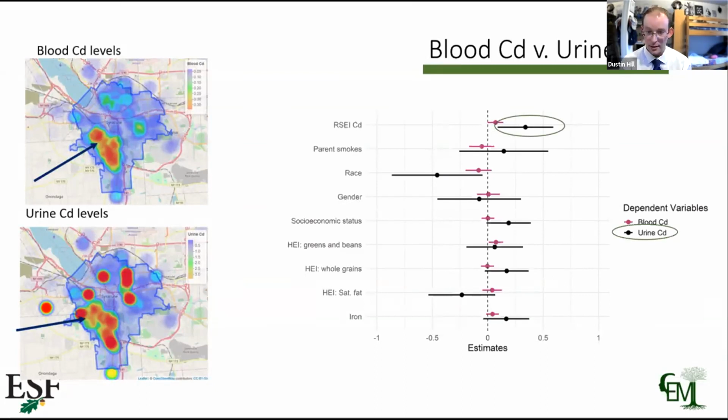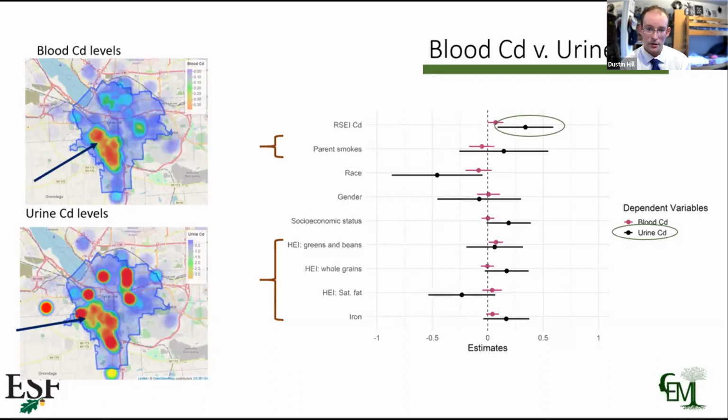And these correlations were maintained with our covariates, including parental smoking status and diet. So it is very encouraging to find that our better matchup of urine cadmium to chronic cadmium exposure had better results compared to the more recent metric of blood cadmium. And so we were excited to find this.